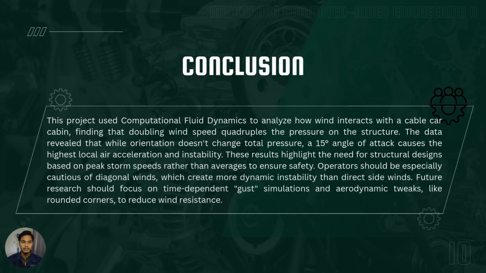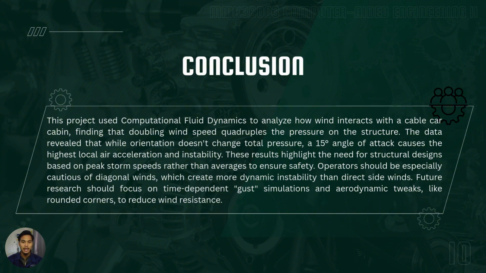For conclusion, this project used computational fluid dynamics to analyze how wind interacts with a cable car cabin, finding that doubling wind speed quadruples the pressure on the structure. The data revealed that while orientation doesn't change total pressure, a 15-degree angle of attack causes the highest local air acceleration and instability.